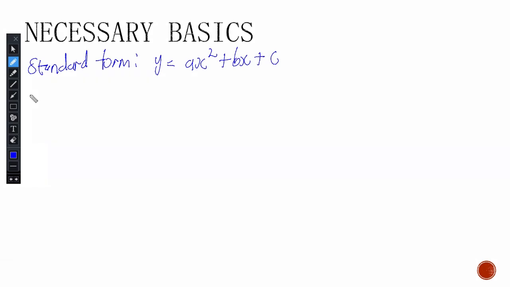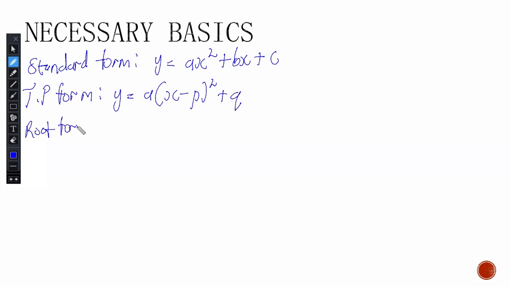This is followed by the turning point form of the equation, which can be written as y equals a(x minus p) squared plus q. Then we also have the root form of the equation, which is y equals a(x minus x1)(x minus x2).